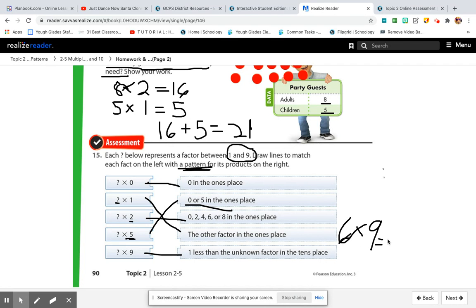And that's 5. And I also know that the sum of the 2 digits in my product should equal 9 because it's a multiple of 9. So what plus 5 equals 9? That's 4. That's to show you that pattern.